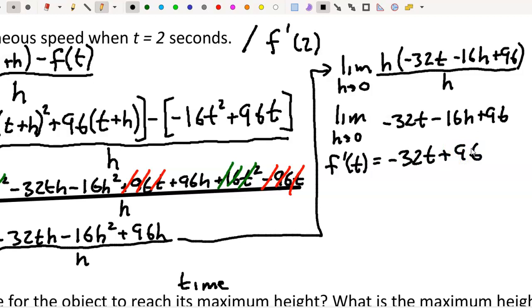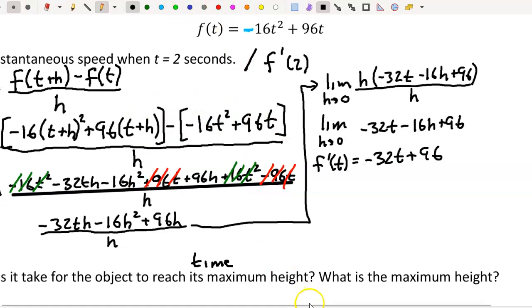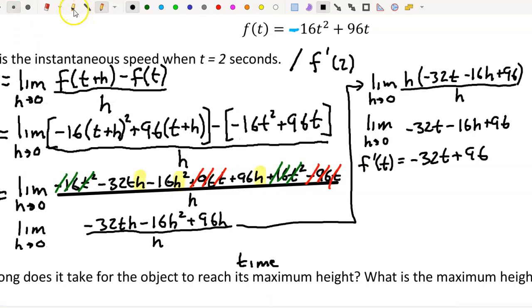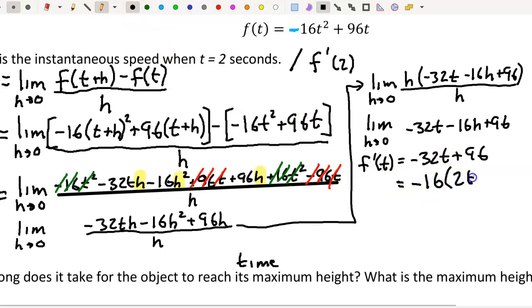Alright, so you should eventually get to this conclusion right there. Yes, if you wanted to, you could take out a 16. You would just rewrite this as negative 16, and then 2t, well, it'd be minus, what, 4? 5.